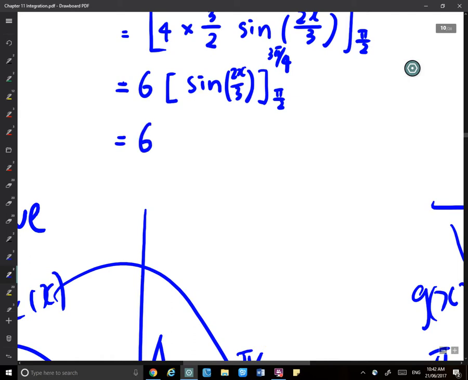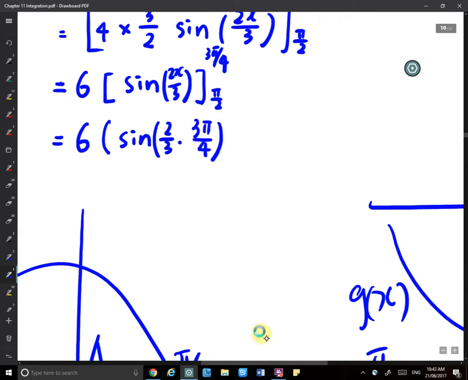As I said, you will substitute the top number first. That becomes sine 2 over 3 times 3 pi over 4, okay, subtract sine 2 over 3 times pi over 2.